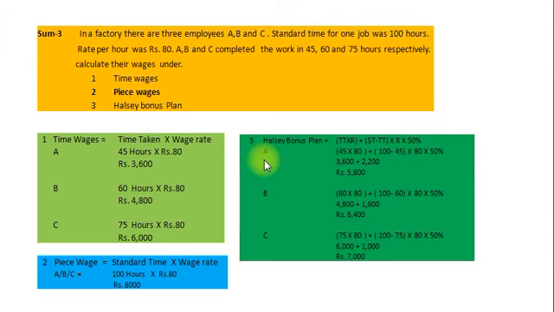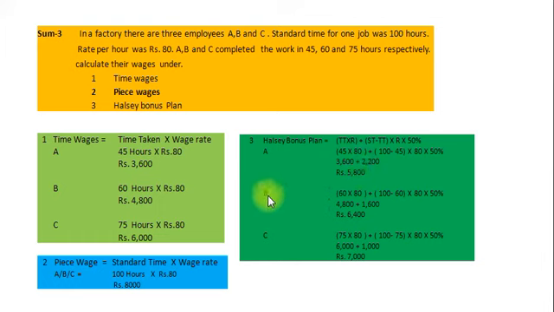So in case of A, time taken 45 hours multiply 80 rupees plus time saved, that is 100 hours minus time taken 45 hours multiply 80 multiply 50%. So next step 3600 plus 2200, and our wages amounts to rupees 5800.